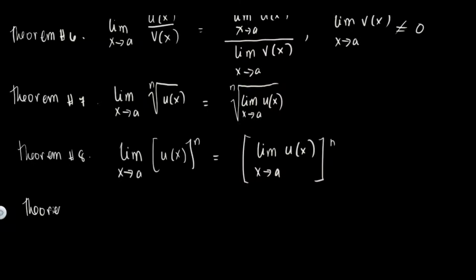And theorem number 9 is the limit of 1 over x as x approaches infinity equals 0.